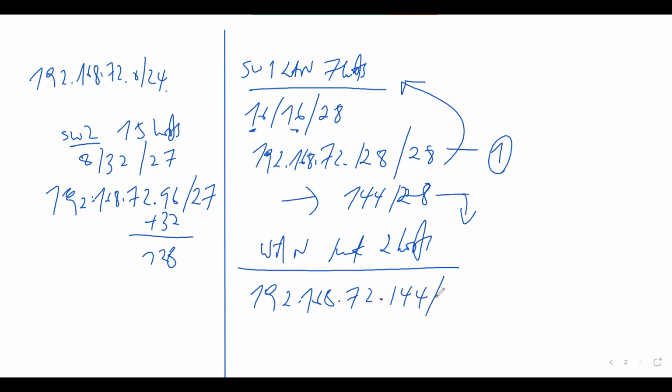What changes is the subnet mask. And the magic number here for 2 hosts is 4, slash 30. So the subnet mask changes to 30. The next network will be plus 4. It will be 148 slash 30.